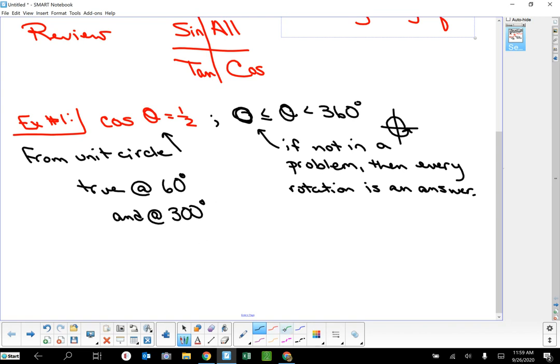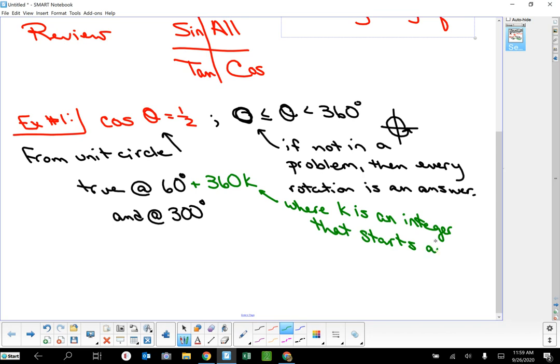So what you're going to do is you're going to add to that a rotation and a K, where K is an integer that starts at 1 and increases.